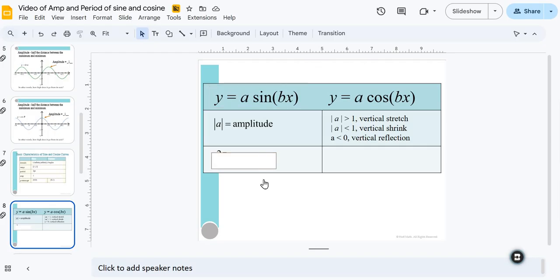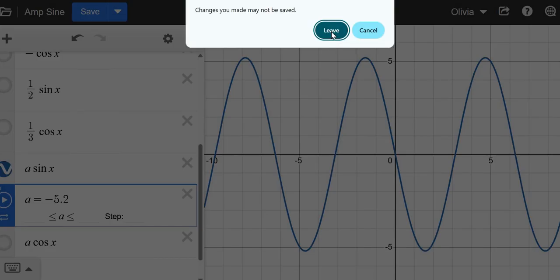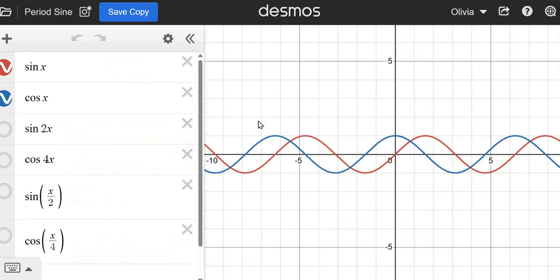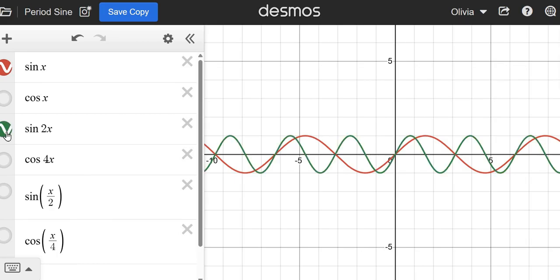Now, let's look at what happens with this b value. So for our b value, again, I'm starting with my parent functions. So this time, here's my parent graph of sine. I'm multiplying by a 2 again, but I'm multiplying it on the inside of our function.